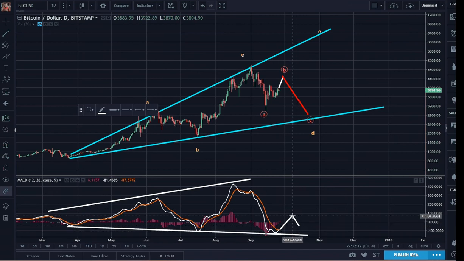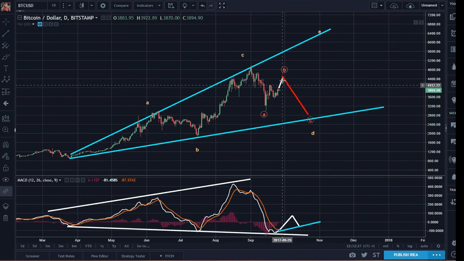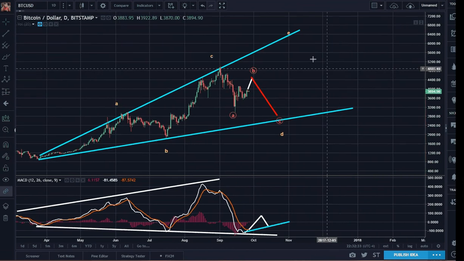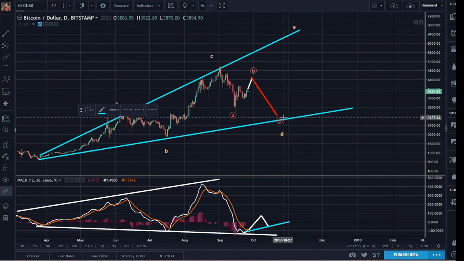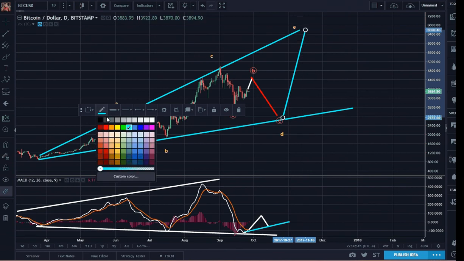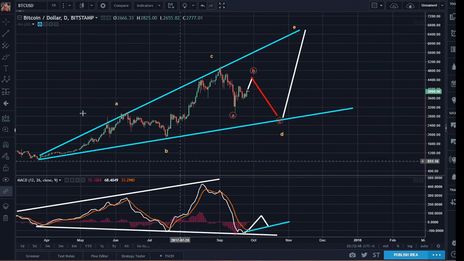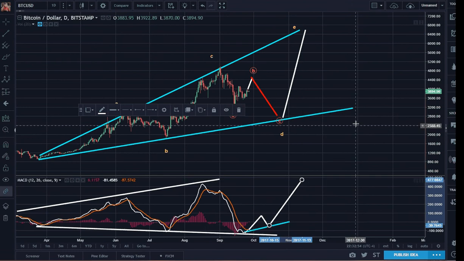But the fall of the MACD will make a higher low, while the prices make a lower low. And this could enable the price to rise for the E, and the MACD can subsequently rise as well.